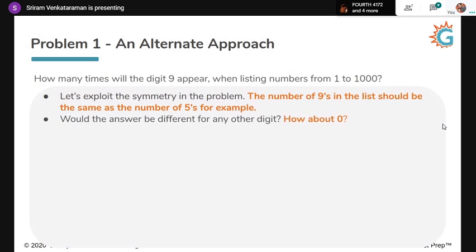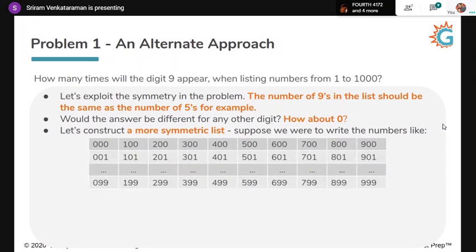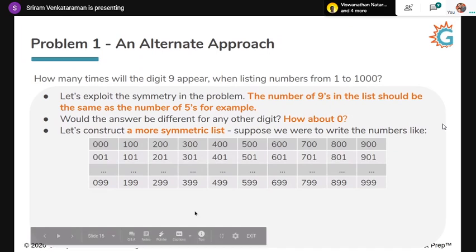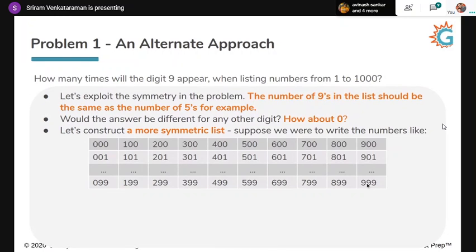What about if I were to consider a list like this? Think of them as 3-digit strings. I'm starting from 000, 001, 002. I'm going top to bottom, and then to the second column, top to bottom. I'm going all the way around until I reach 999.